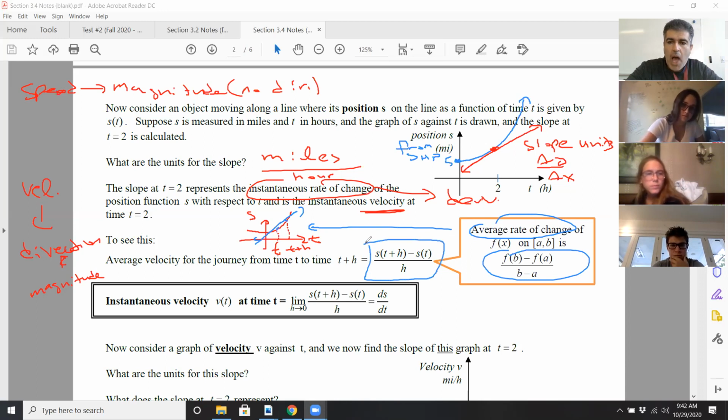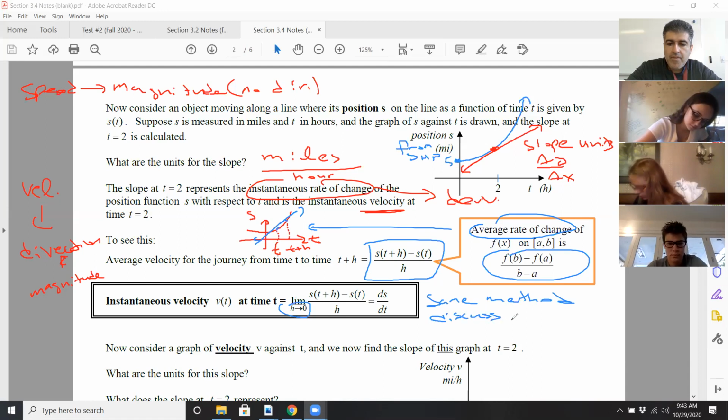But how do I make this an instantaneous velocity? You assume h approaches 0. So you basically just use the same method discussed in the 2.4 notes.